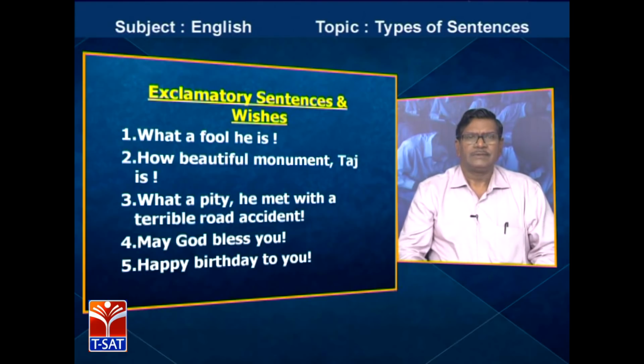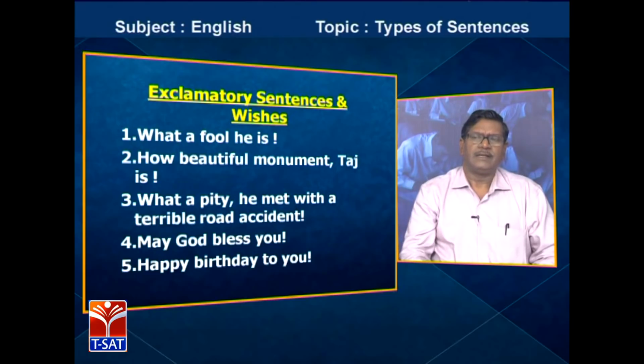So, here we find exclamatory sentences and wishes, exclamations and wishes. So, in all there are 4 main varieties of sentences, they are called 4 types of sentences in English, and in each and every type there are mainly 2 subcategories. Okay?